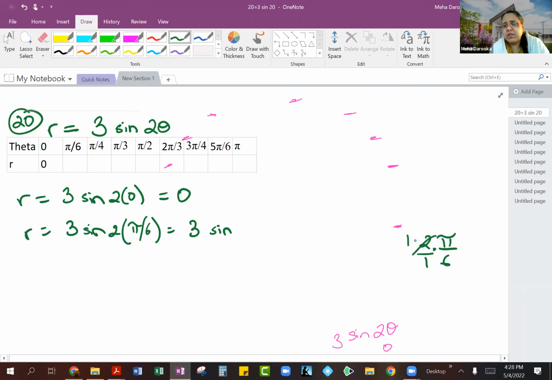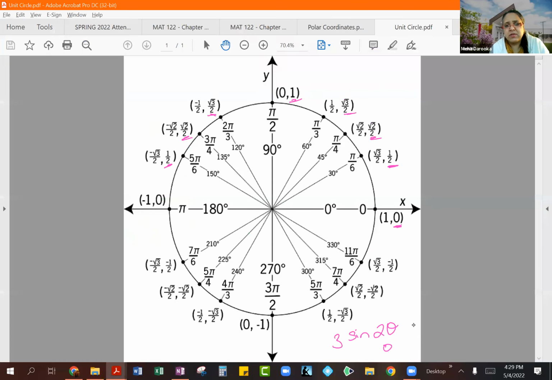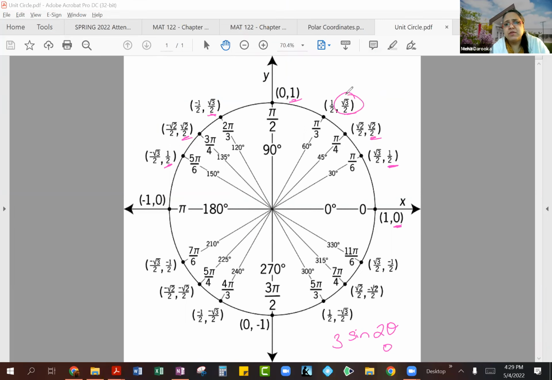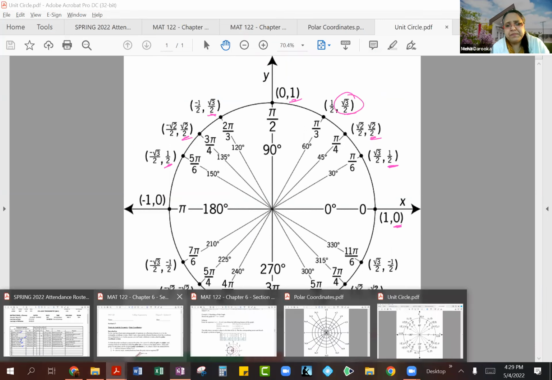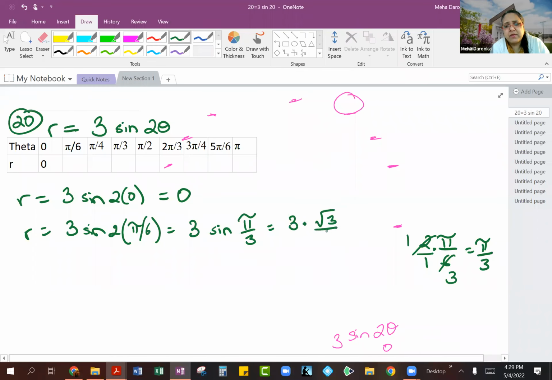Because the 2 will go into itself once, go into 6 3 times, and this will become pi over 3. So this will be sine of pi over 3, and that's the angle you will need to use, which will be this number over here. So square root of 3 over 2, which will end up becoming 3 times square root of 3 over 2.